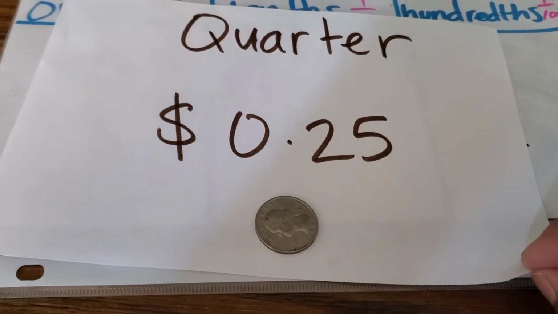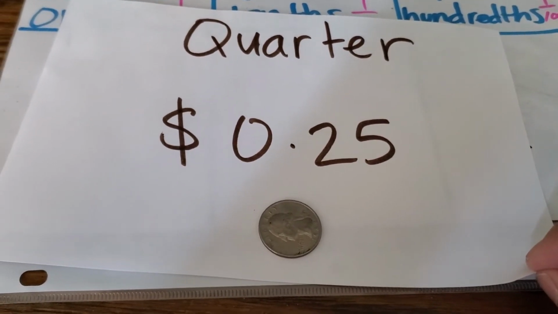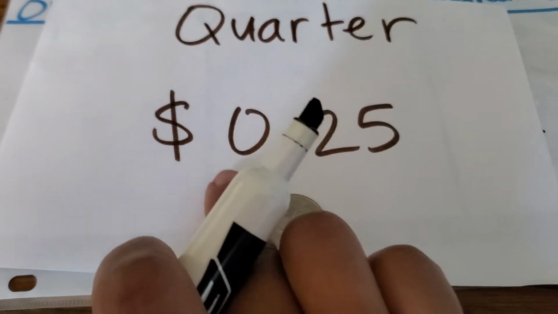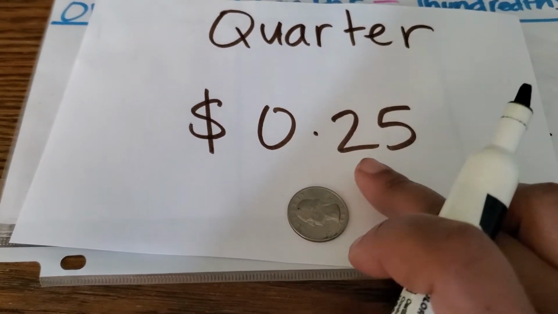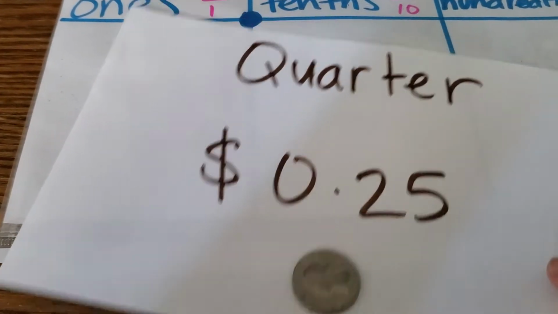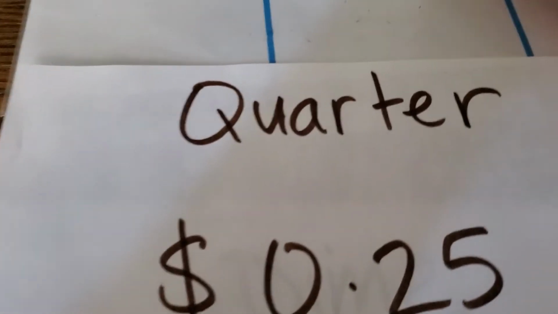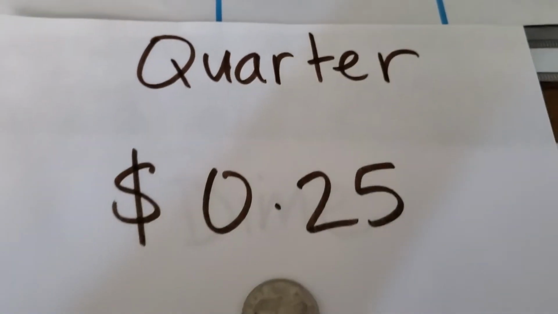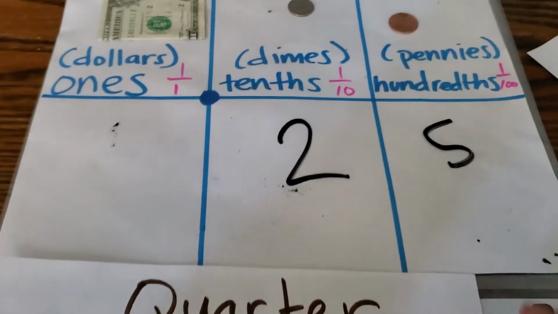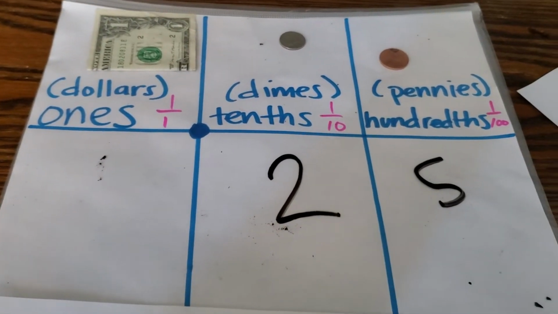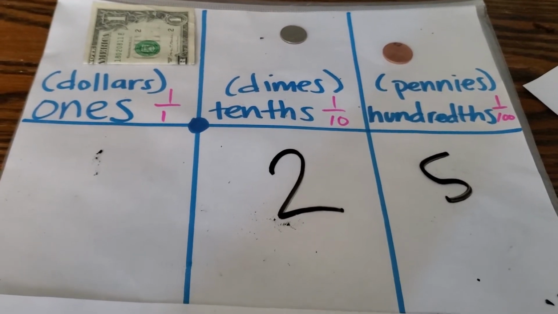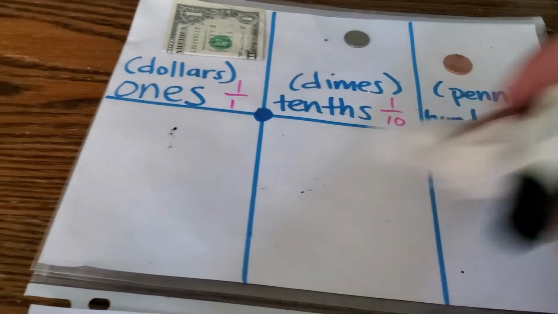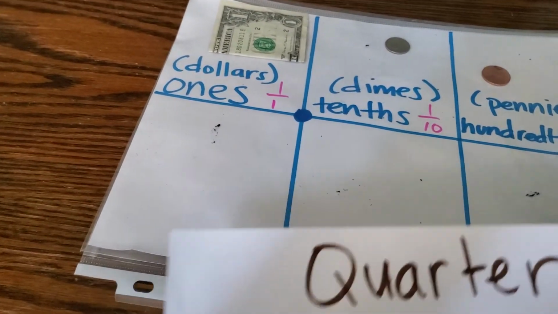You could use that, but it doesn't help our purposes. So we're going to write it in dollar notation. So there's $0, 2 in the tenths place, and 5 in the hundredths place. If you wrote it as a decimal, 0.25 would also be 25 hundredths or 25 pennies. You could think of it that way. Okay, so that's a quarter.